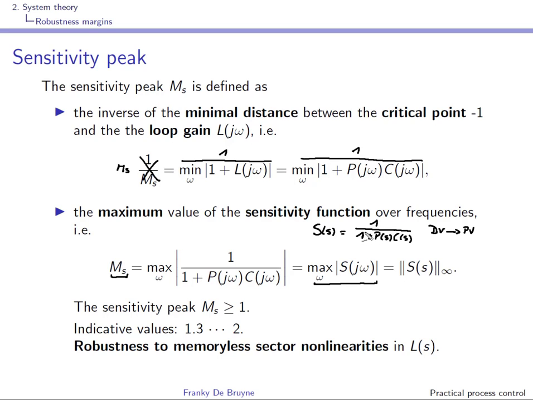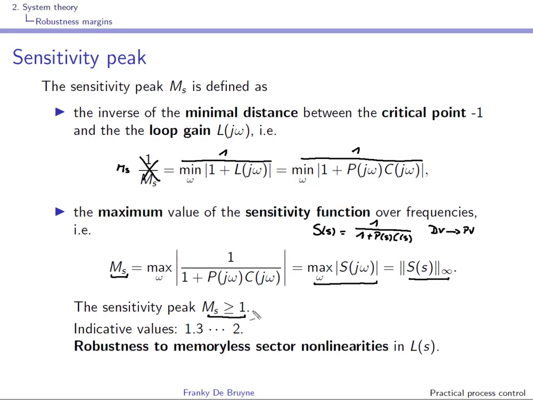If you look at the Bode diagram of this sensitivity transfer function, it's the highest value in the magnitude Bode plot. This is also sometimes called the infinity norm of the sensitivity transfer function. This sensitivity peak is always higher than or equal to 1.